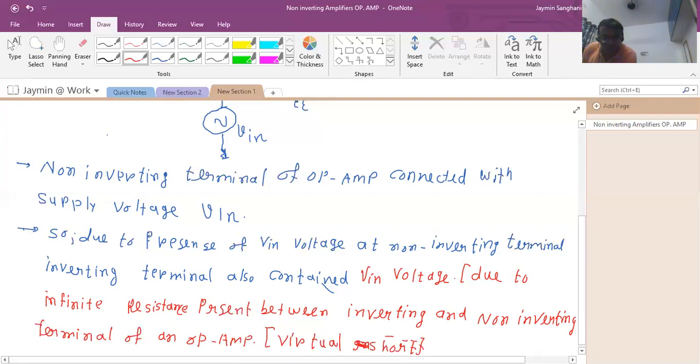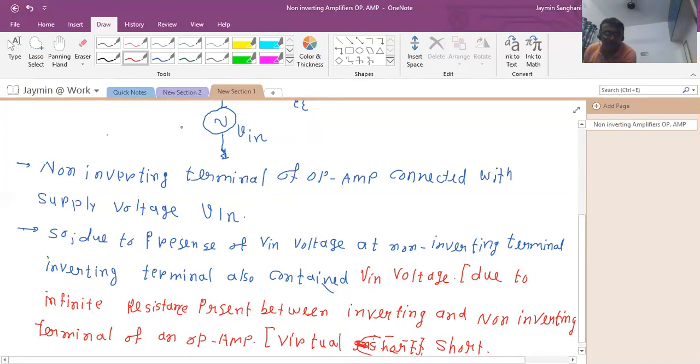So it can be considered as a virtual short. In virtual short there is no voltage drop that can be present.